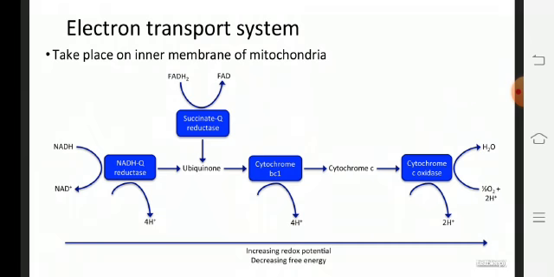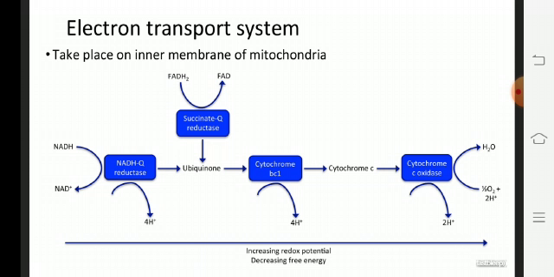FMN means flavin mononucleotide. So FMN is reduced to FMNH2. Here NADH2 enters the electron transport system and is oxidized to NAD. So this is the first step.